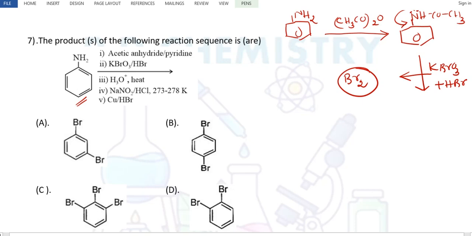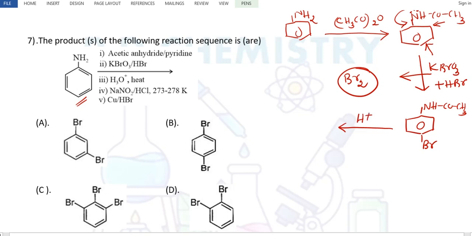Therefore, this is a plus R effect, giving either the ortho product or the para product. Which is the major product? Generally, para is the major product. So I am going to write the para product now. So to the para position attach the bromine. Bromination is carried out using this reagent. Then remaining is the NHCOCH3.